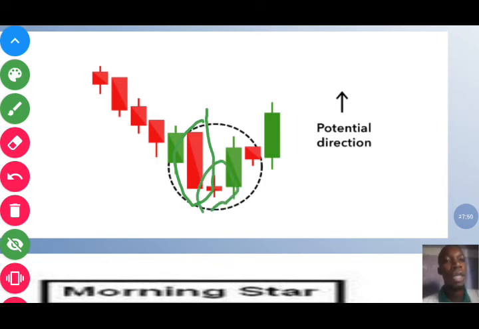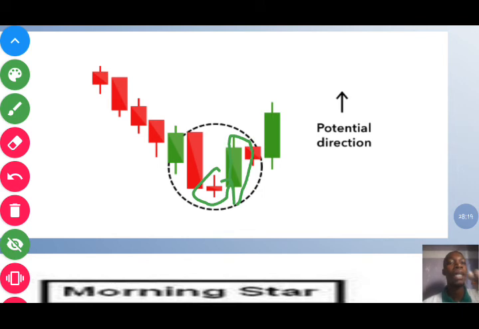It is red also, though sometimes it can be green, but it has to be a very, very small candlestick. If it is a big candlestick, then it is not a morning star. The second candlestick has to be very, very small.